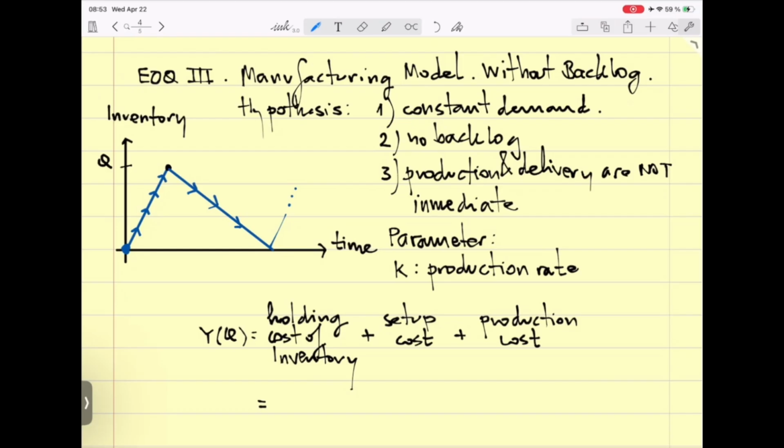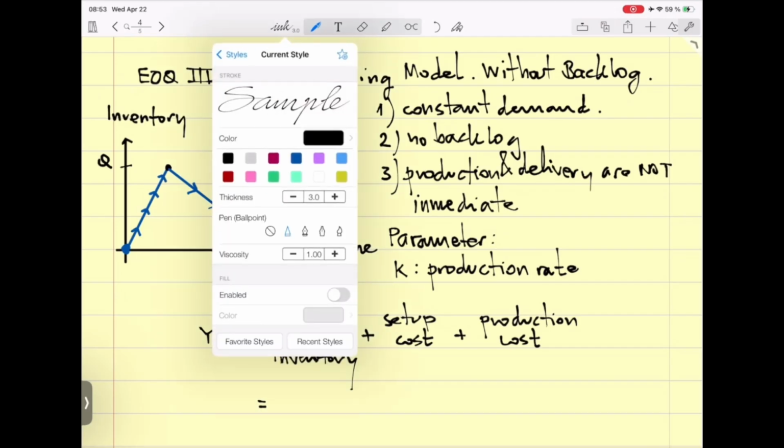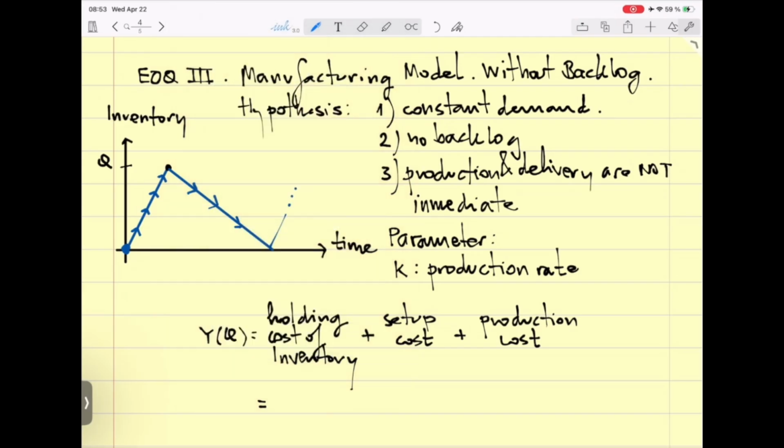It's not going to be what we had before, but a little bit different, because we have two triangles. So the average inventory is Q divided by 2 times 1 minus D divided by K. K is going to define this production speed, okay?